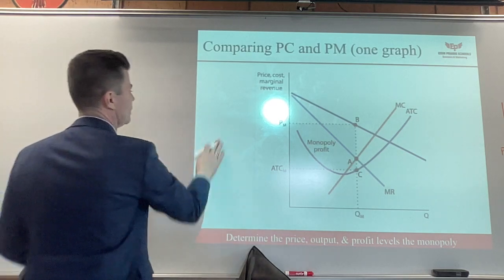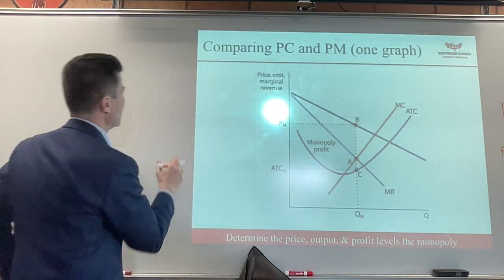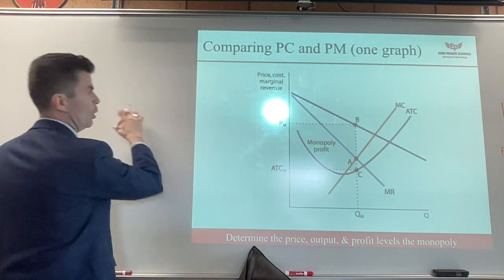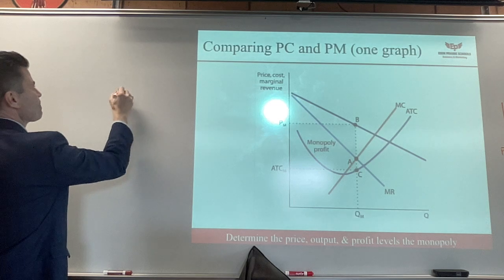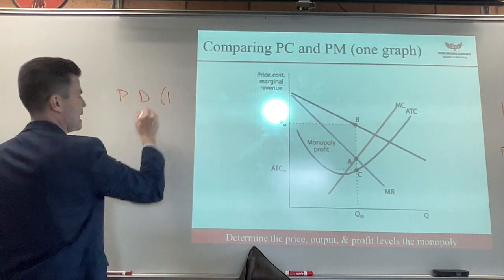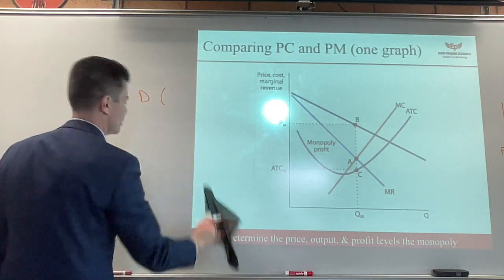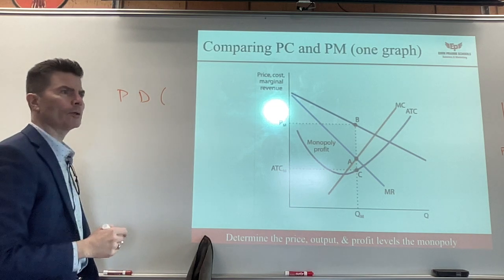And so I'm going to call on a few folks to help us with that analysis. So let's go back and look at a few different things. What is the relationship between price and demand? I'll ask this here first. Manuel, what's that? Equal.